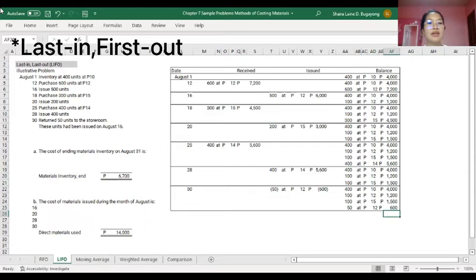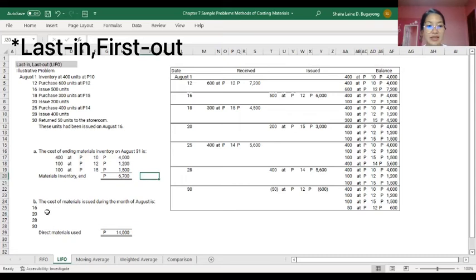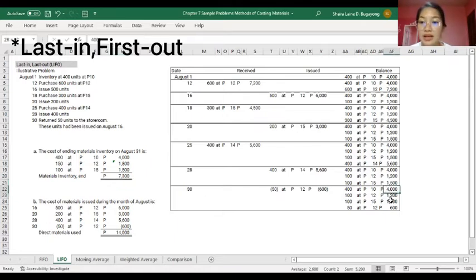Okay, so our ending materials inventory on August 31 is 67. And then our cost of materials issued during the month of August is 14. So the cost of ending inventory on August 31 would be this one, 7.3, and then the cost of materials issued during the month of August is some ani, so that is 14,000. Okay, so that is for LIFO.